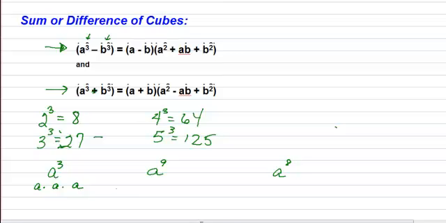So again, the idea is we have to have something that's exactly the same that we're multiplying 3 times. So a cubed times a cubed times a cubed. And remember what's happening here, because we're multiplying like bases, we keep the base and we add these exponents. So 3 plus 3 plus 3 is 9. So this is a perfect cube.